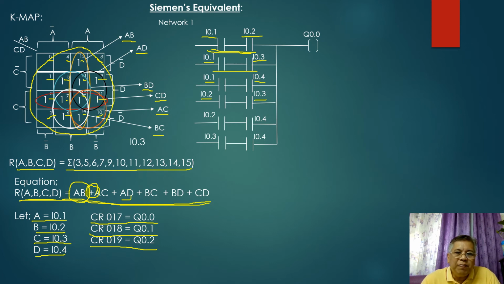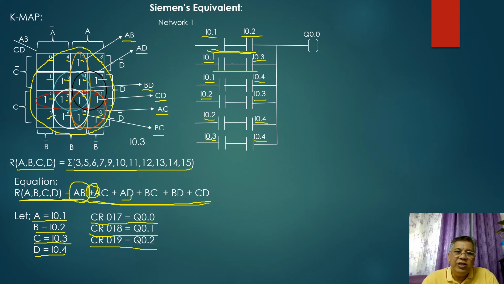Then you have BD, I0.2 and I0.4 connected in parallel with your BC, and so as with your CD in series connection with I0.4 connected in parallel with your BD.